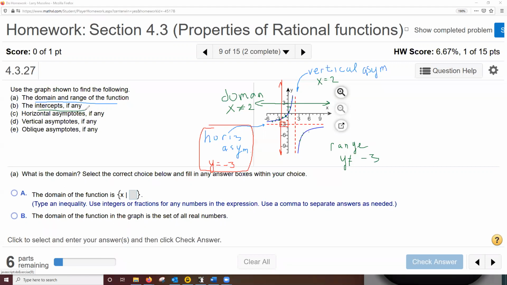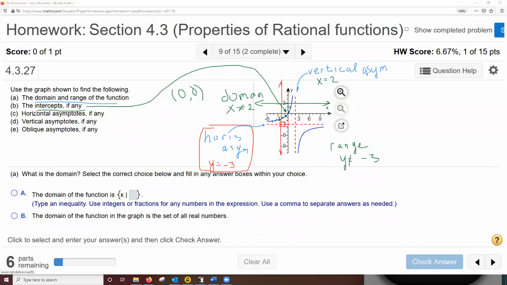The intercepts are any points where the graph crosses either the x-axis or the y-axis. In our graph, there's really only one point where the graph crosses an axis, and that point is at (0, 0). So there's an x-intercept at 0 and also a y-intercept at 0.